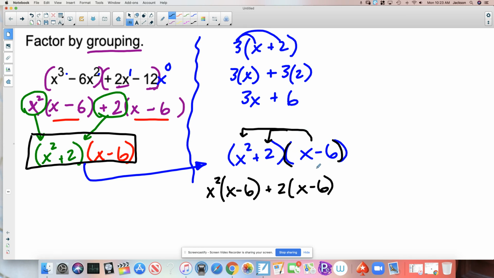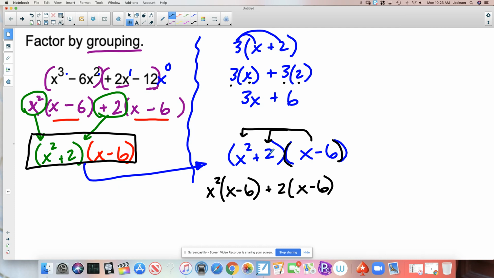I'm taking the value that I am distributing, and I'm writing it twice, and showing it being multiplied times each of these two pieces. That's what I did here. I showed the 3 twice being multiplied by each of these two pieces, and I ended up with this. So this expression is actually right here.